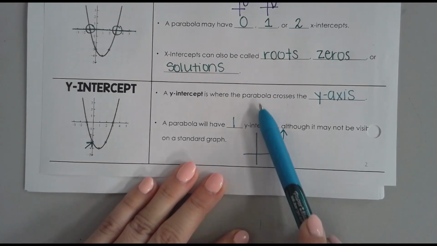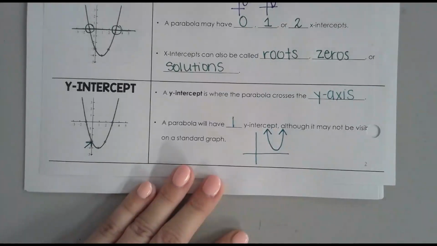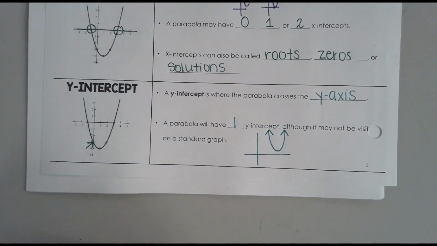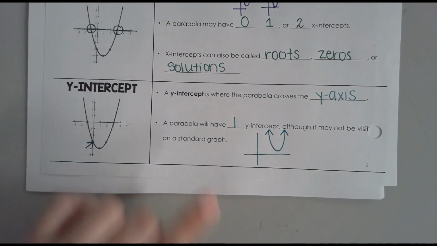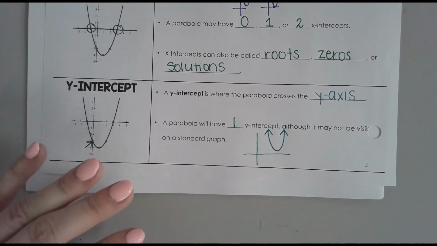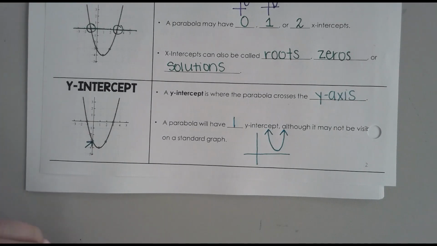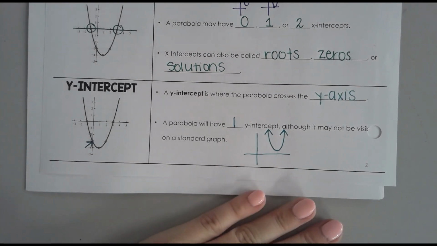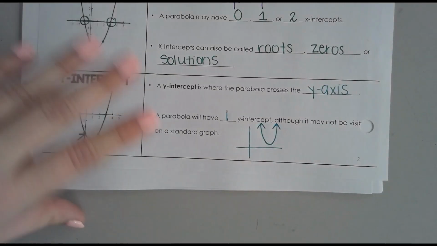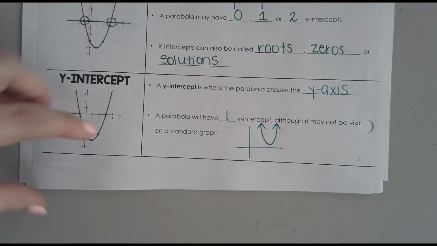So eventually, maybe way up there, it would cross the y-axis. So you can't say that a parabola has no y-intercept. If it just went on eventually, you could say unknown if I ask you for the y-intercept. Now, if I give you the equation later on, you'll be able to get the y-intercept from that. But with just a graph, if you can't see it, just put unknown.